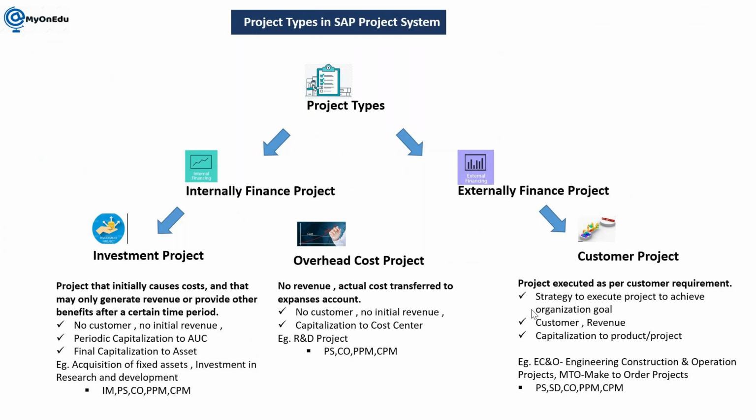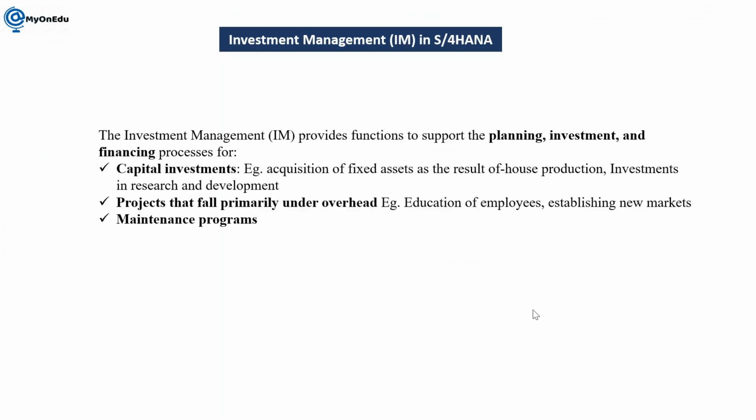So further, when we are understanding the concept of Investment Management, the first question that comes is why we are using Investment Management. Investment Management provides functions to support the planning, investment and financial process for capital investment projects that fall primarily under overhead and maintenance programs.